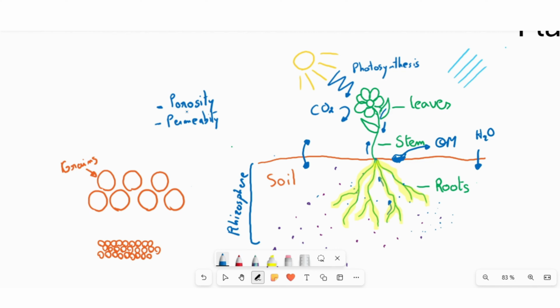So, for example, porosity, it is the space between grains of soil that allow water and oxygen exchanges to happen and be contained. So basically, porosity refers to the ability of the grains to absorb these water and oxygen. Okay?